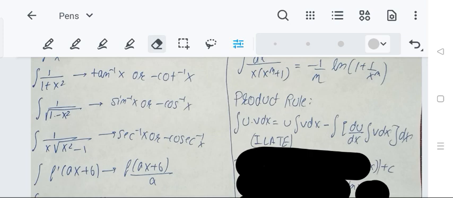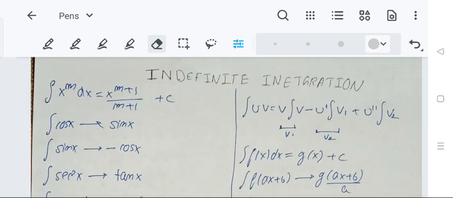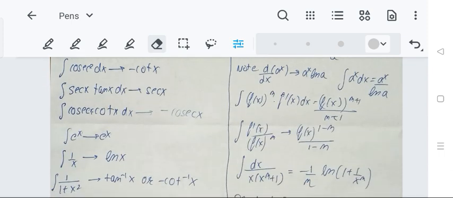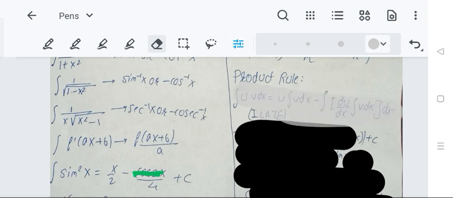Now the most important rule, the product rule. If you don't understand it, it is not required now, I just told it. This product rule is very important, the integration of uv. This rule is derived from that rule actually. And you have to follow the ILATE rule here, for deciding the priority of u and v, which to take as u and v.